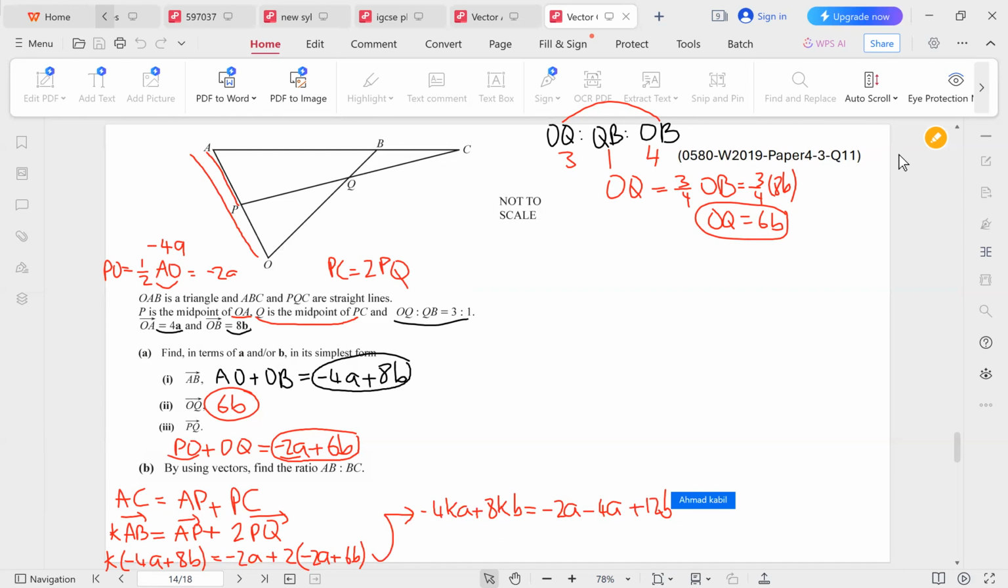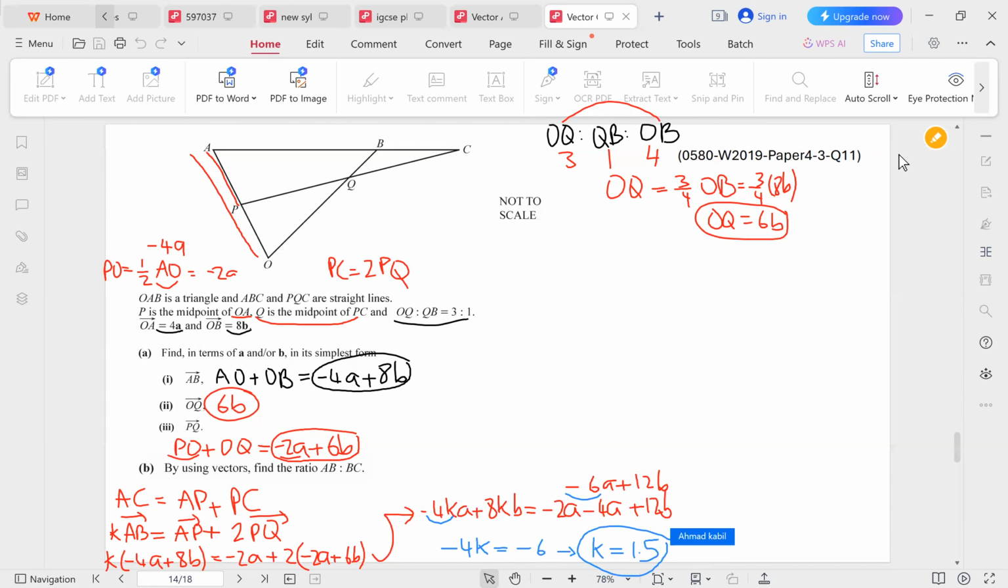So we have negative 6A plus 12B. You can use either the A or the B, it doesn't matter. The number next to the A has to equal the number next to the A. So negative 4K equals negative 6. So therefore, K equals 1.5.